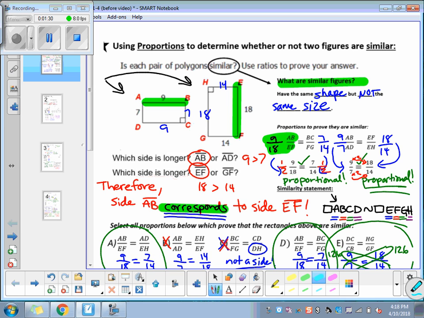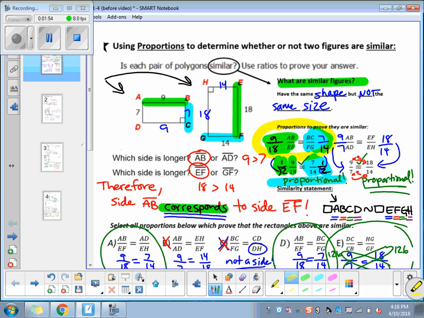Now side BC corresponds to side FG. And that's what we're saying right here. Now mathematically, this 9 over 18 we know is a half. And 7 over 14 we know is a half, which means that's proportional. And that means these are in fact going to be the dimensions of a similar figure.